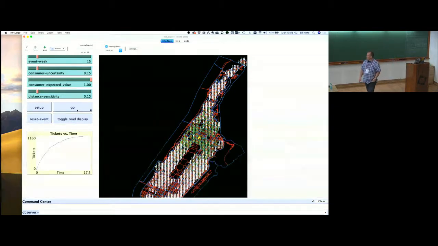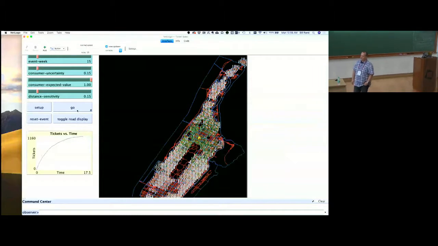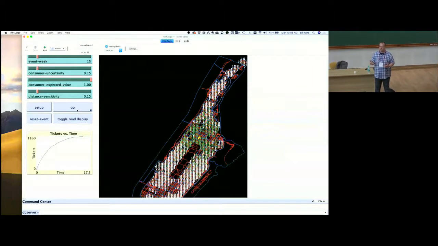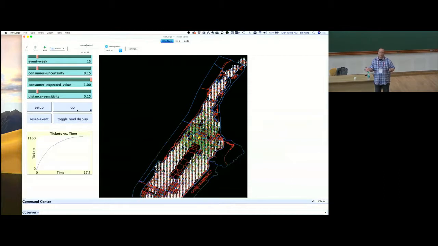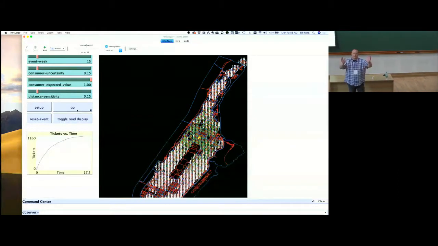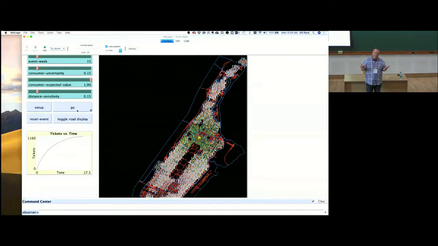This is actually inspired by a real paper where they were looking at spatial competition for events. In the U.S. people often talk about how an event sold out, but it turns out the number of live events that actually sell out is very small. The vast majority of events, 98% of them or something like that, don't sell out.